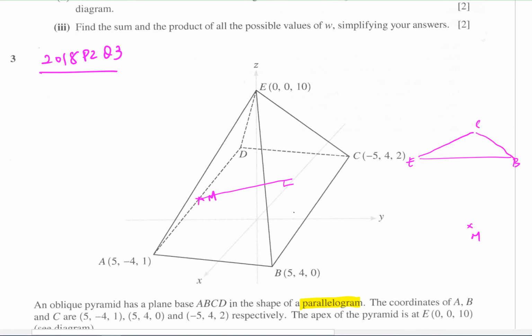If I want to find the shortest distance between M and this plane, the concept I can use is, if I know any vector between this point M and the plane, for example, I actually know this vector ME, I can project ME on the normal of that plane BCE. If I project ME on the normal of the plane BCE, I will be able to find the shortest distance. So the theory is the length of projection: project ME on the normal of plane BCE.